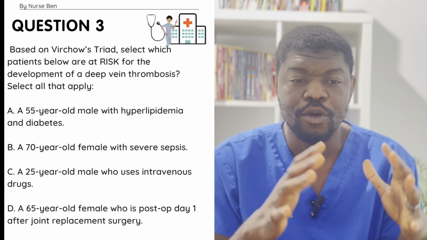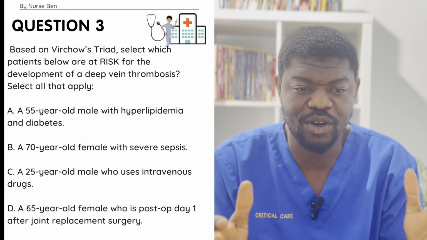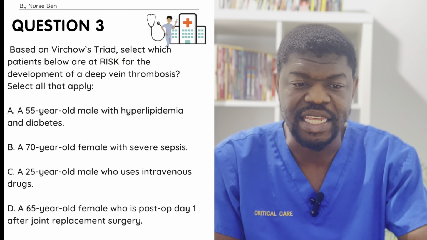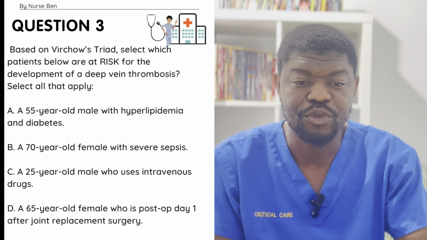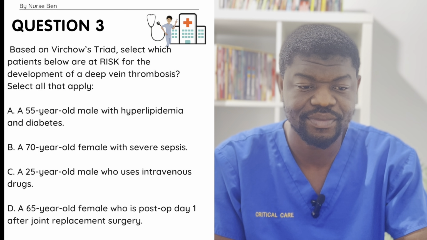Question number 3. Based on the Virchow's triad, select which patients below are at risk of developing deep vein thrombosis. And we want to select all that apply. A, a 55-year-old male with hyperlipidemia and diabetes.